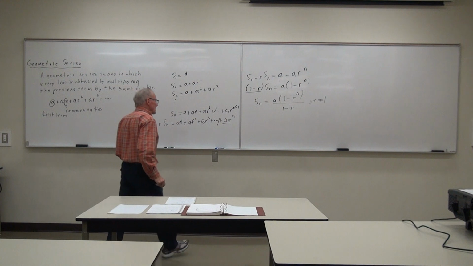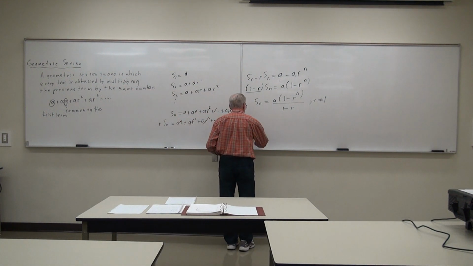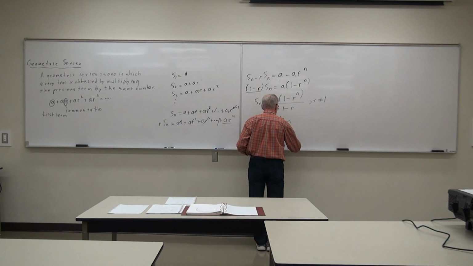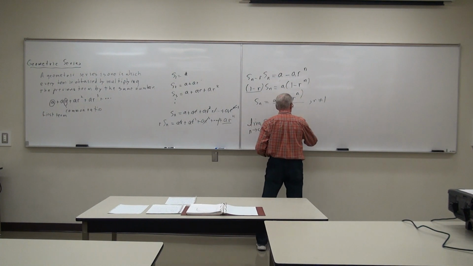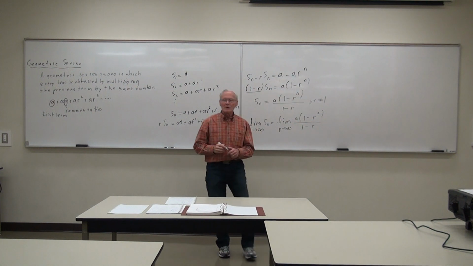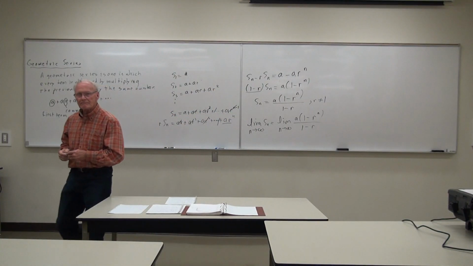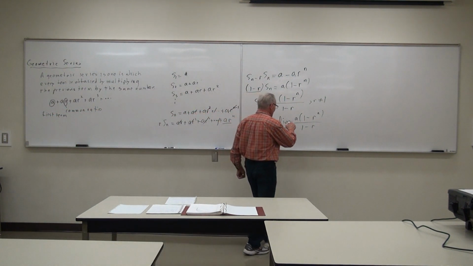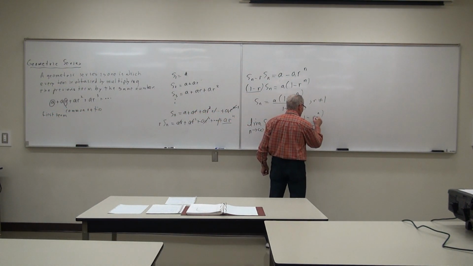What is the limit as n goes to infinity of this S of n? If it exists, that's what we're going to call the sum of the series. If this limit does not exist, we say series, you do not have a sum. Well, the n is only here. No n, no n, no n, no n.